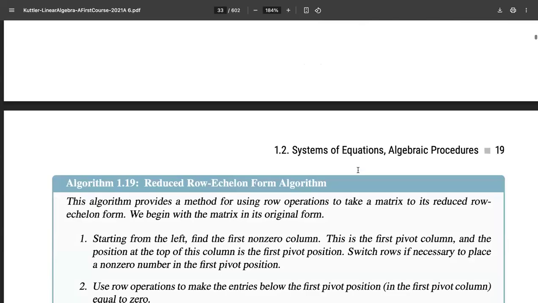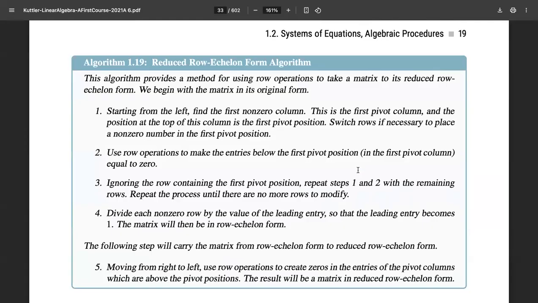And remember, every reduced row echelon form is also a row echelon form, so this helps you get your row echelon form too. For the first step, we always start from the left and find the first non-zero column. Sometimes you have matrices where everything in a column is zero, and you want to ignore that.